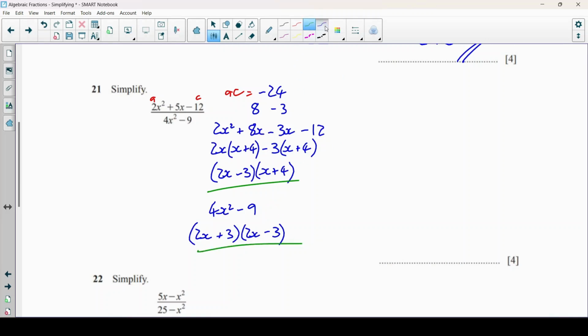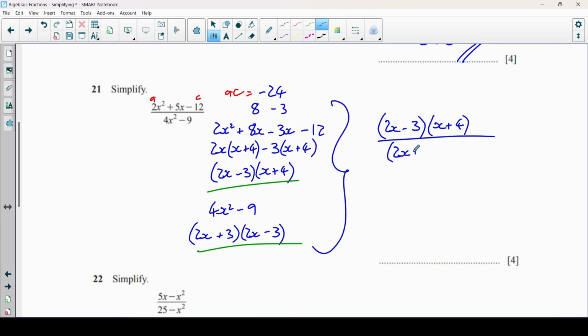So then let's write that as a fraction, 2x minus 3, x plus 4, over 2x plus 3, 2x minus 3, and then we can cancel the 2x minus 3 factor, dividing both top and bottom by that, and we end up with x plus 4 over 2x plus 3.